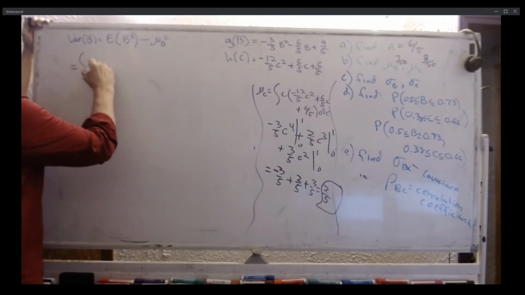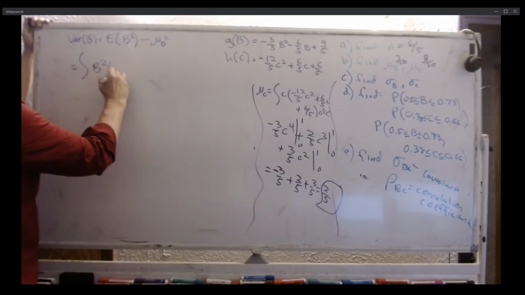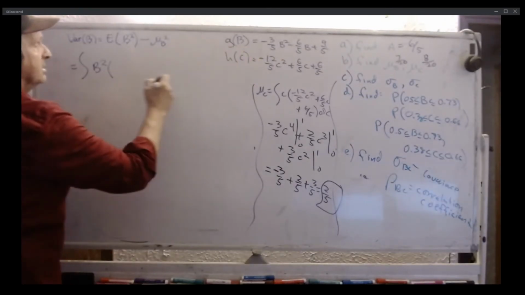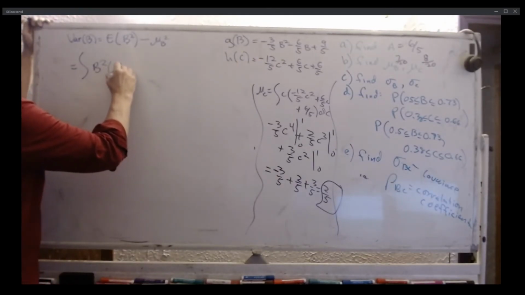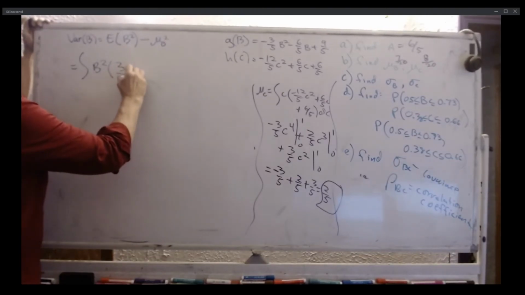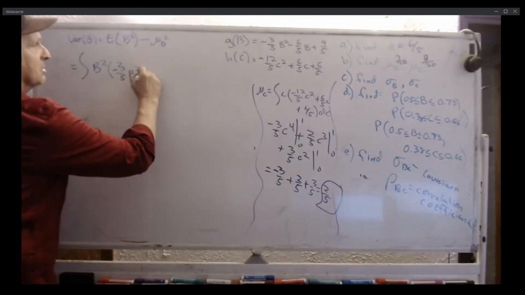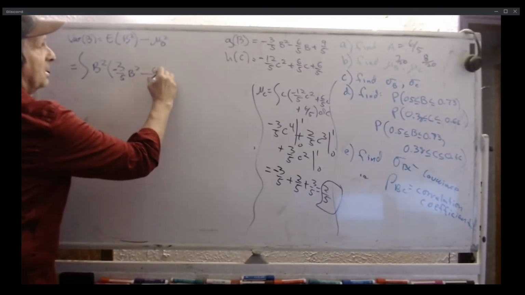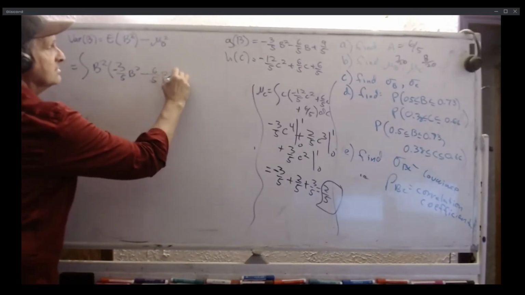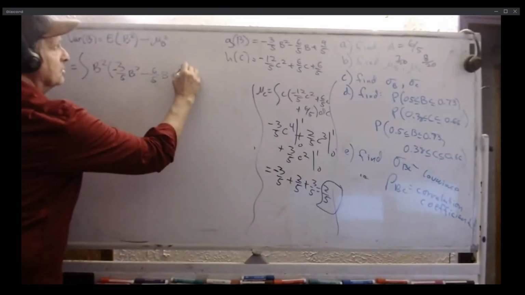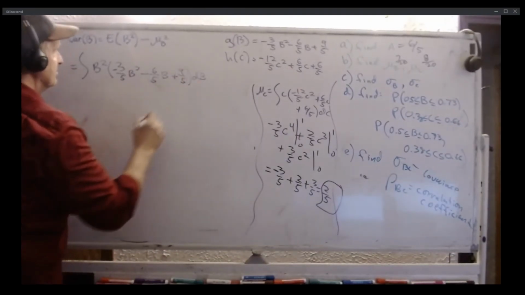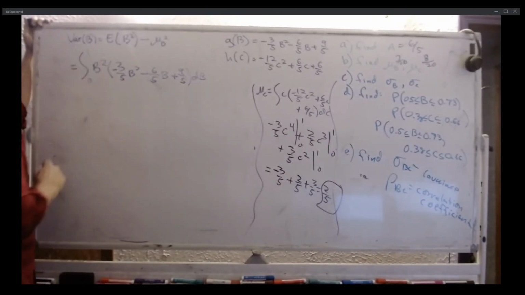We take B squared and we multiply G of B by it. And yeah, we're going to get some B raised to pretty nasty powers, but it's all polynomials, so it's all doable. You can go from 0 to 1.